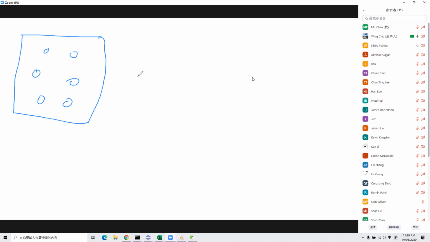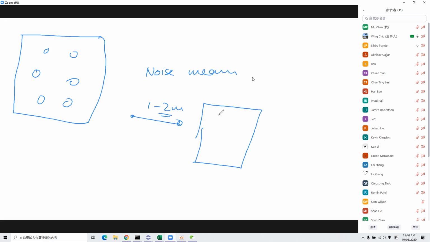If you're doing any noise measurement yourself, as long as your points are not 4 or 5 meters apart, but 1 to 2 meters apart, that is okay. What people normally do when we have noise in the room, especially a steady sound, is move around and make sure that there's not much variation.